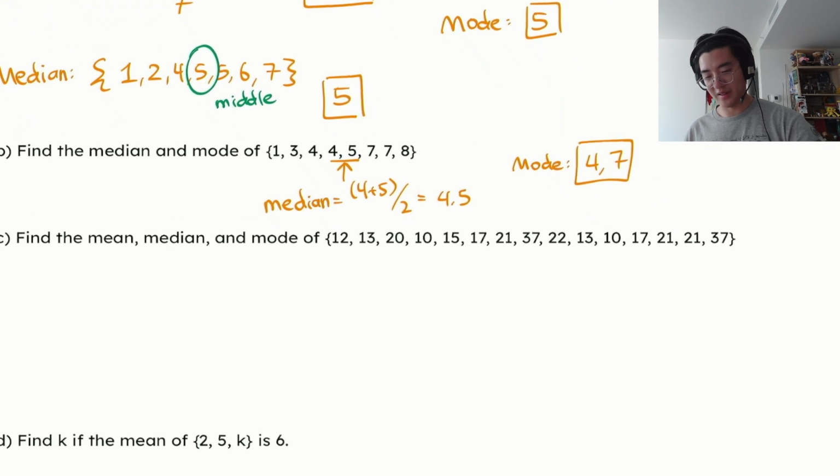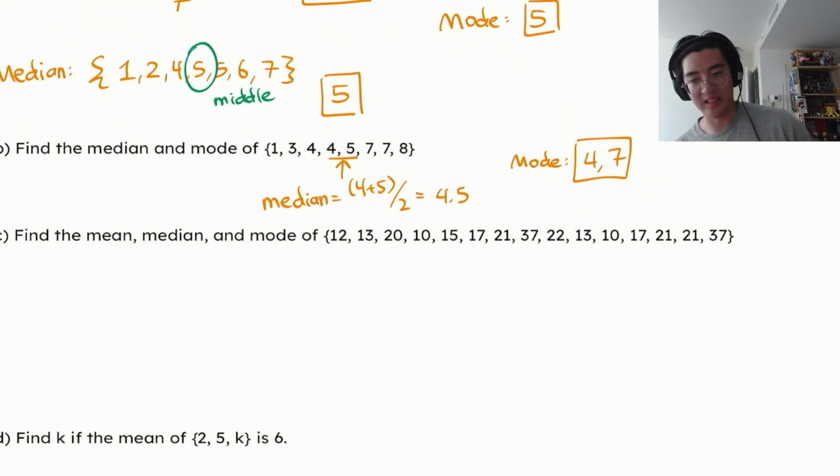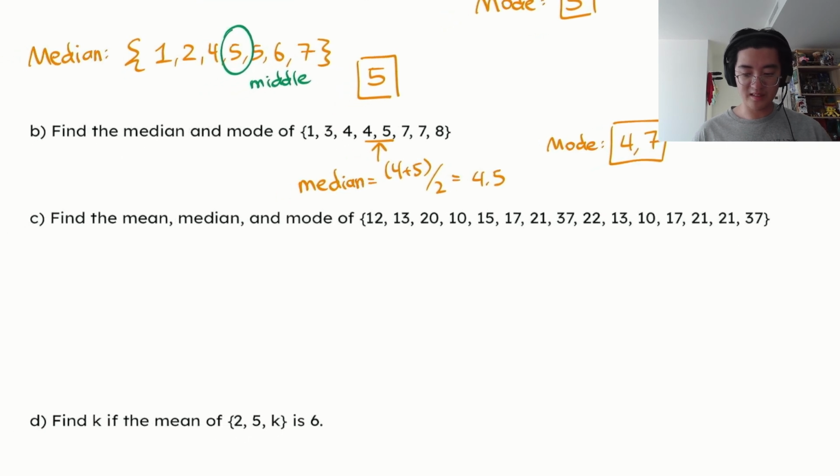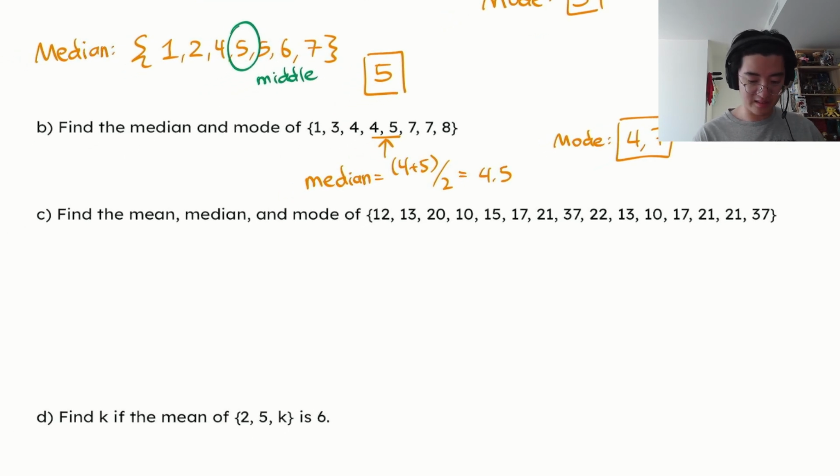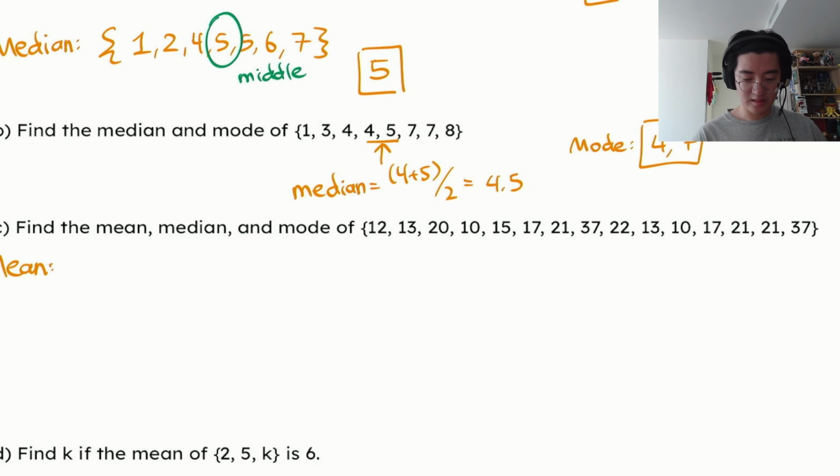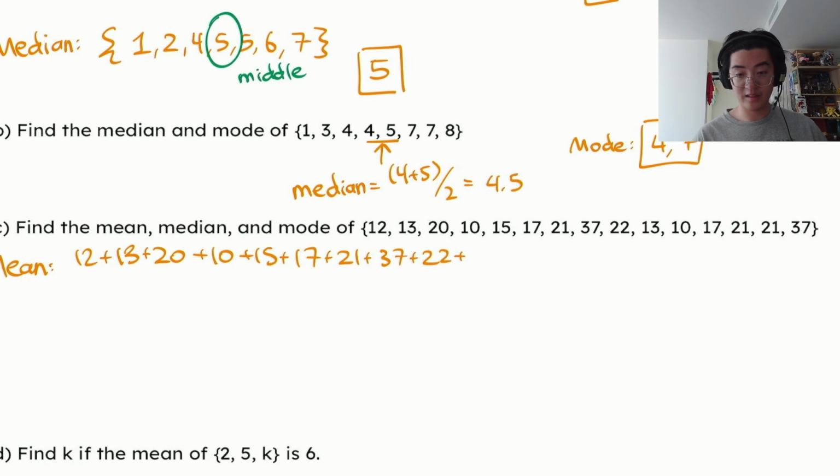Okay, how about something harder? What's the mean in this case? For the mean, of course, we just add them up and average everything. Oh geez, this is taking a while, isn't it? 10, 17, 21, 21, 37.